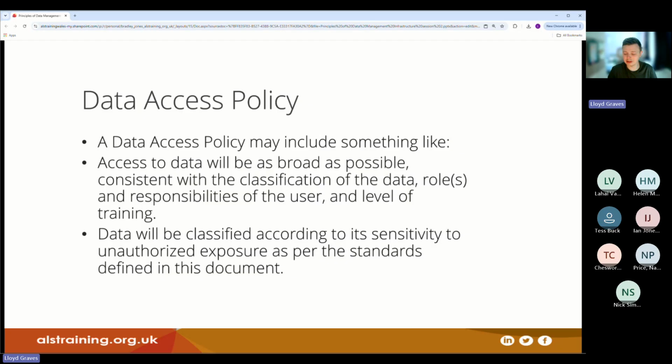The data access policy will outline that people will check with the right people and confirm that I need that access, not that I'm just randomly asking for it, or asking for some purpose that I shouldn't be accessing it for.